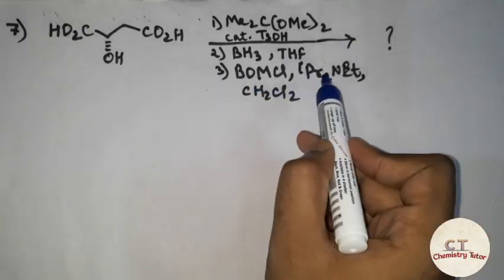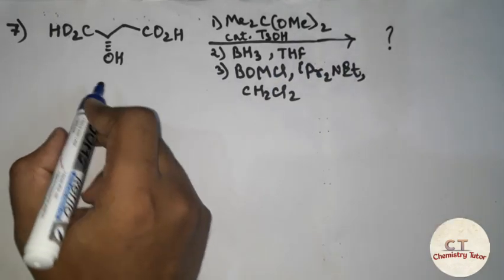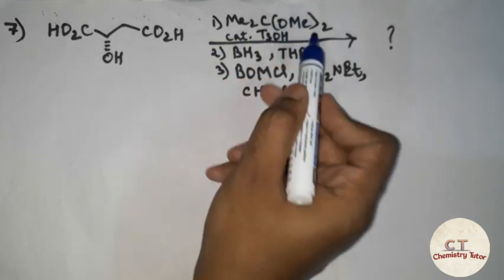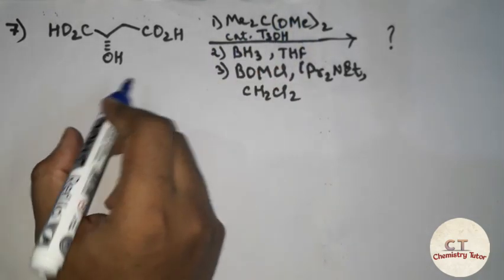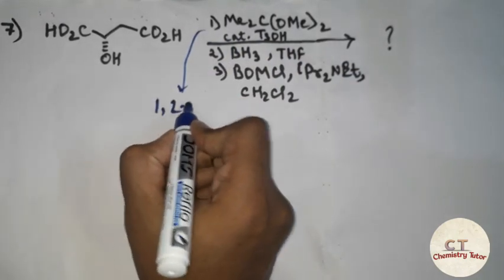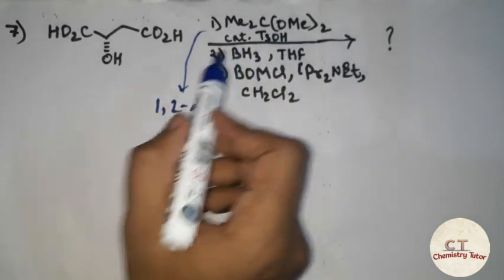Let's see another question. What will be the product in this reaction? Let us see. First of all, Me2C(OMe)2 is given, so it acts as a protection of 1,2-diol. Whenever you get a 1,2-diol, it gives protection of that group.